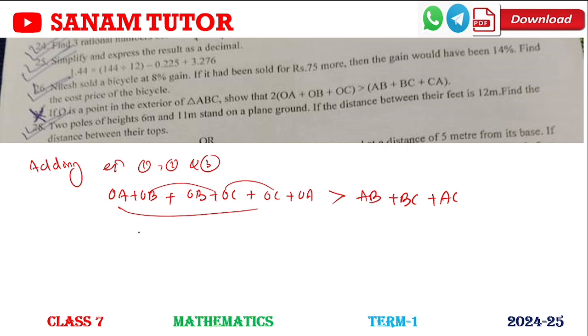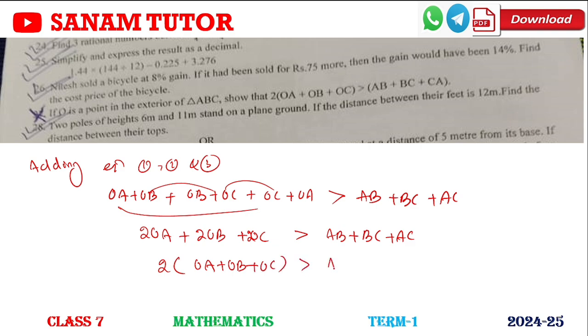So we can write 2 OA, 2 OB and 2 OC greater than AB, BC and AC. Now take 2 common, that is OA plus OB plus OC greater than AB plus BC plus AC. Okay, now proved, verified.